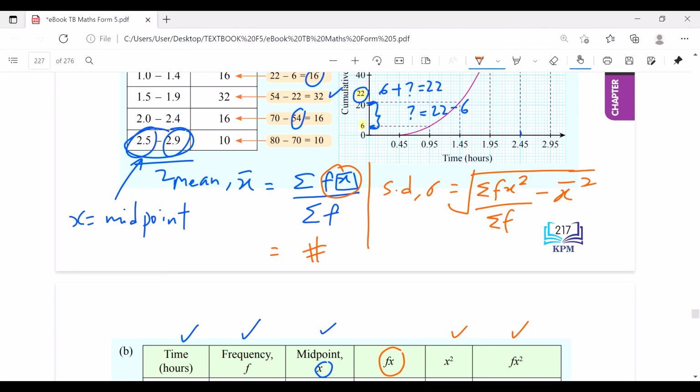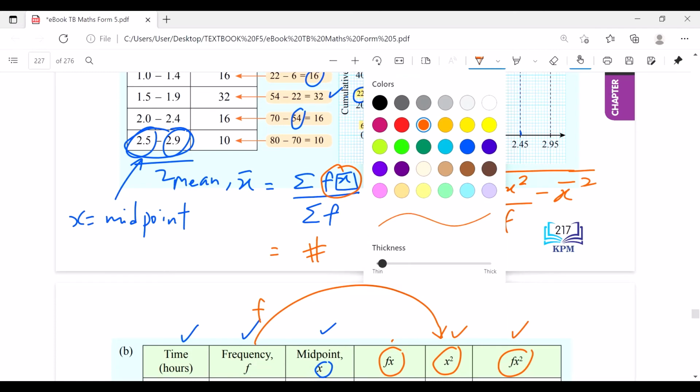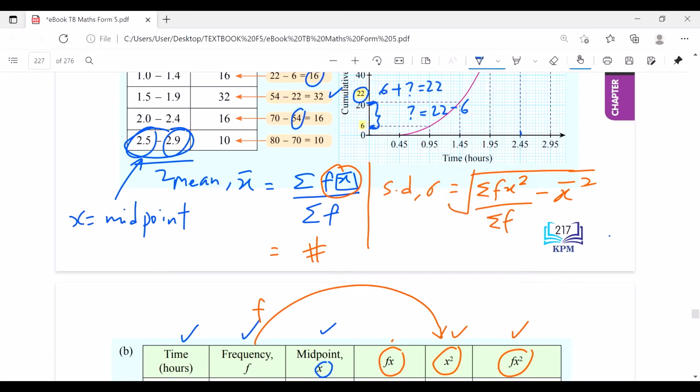So that's why you add another column x square, and then after that you times with your f, yeah, then you get your fx square. Everything is here already. So your fx will be here. Your mean, you'll get the mean from here, and then your total fx will be from here.